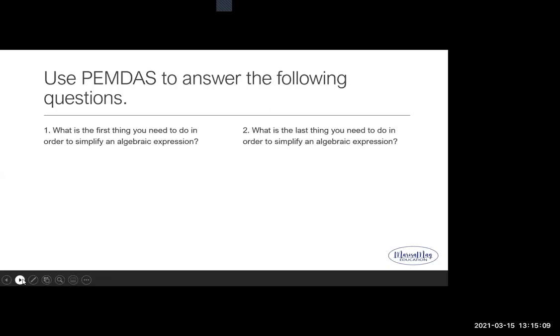It's the P, right? Parentheses. Good. All right, number two, what is the last thing you need to do in order to simplify an algebraic expression? In PEMDAS, what's the last thing? That's your add or subtract. Exactly. And remember, we do those in order from left to right.